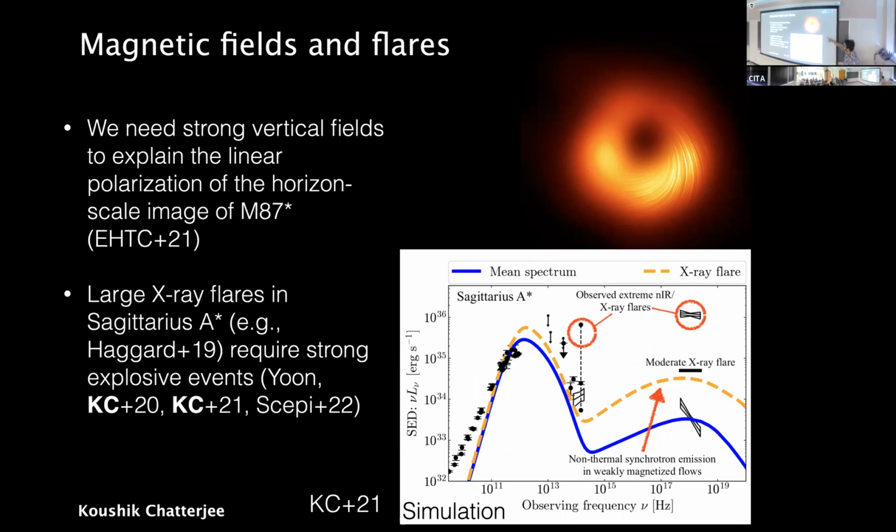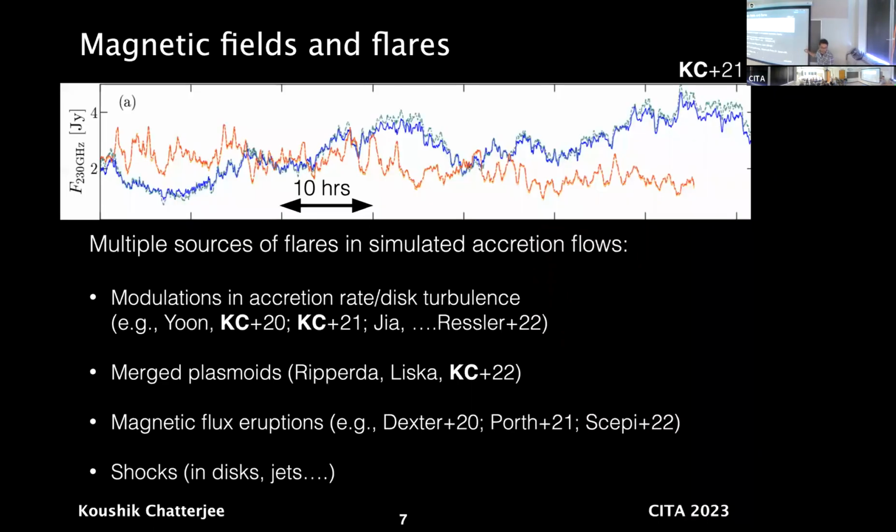But what both of these results show is that you really need strong magnetic fields to explain the data. Now, what are the multiple sources of flares that we know of till now in our simulations?